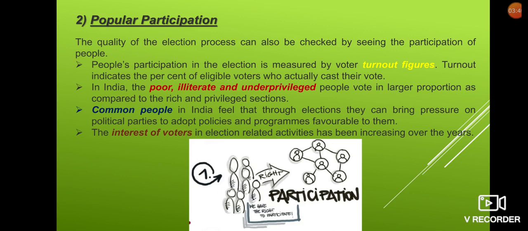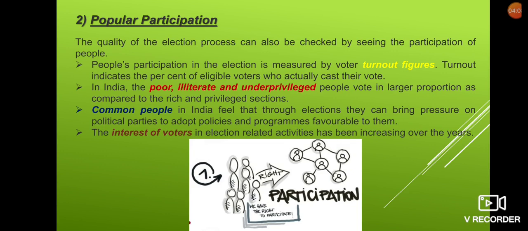Turnout figure indicates the percent of eligible voters who actually cast their vote. In India, the poor, illiterate, and underprivileged people vote in large proportion as compared to the rich and privileged sections.